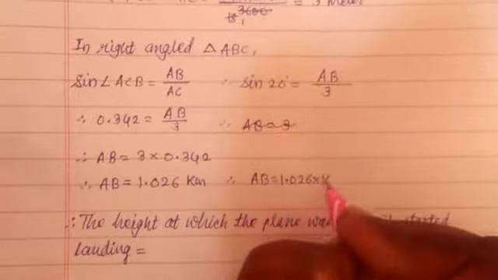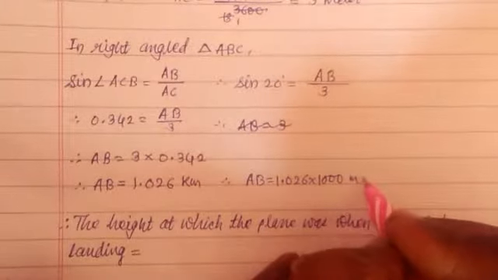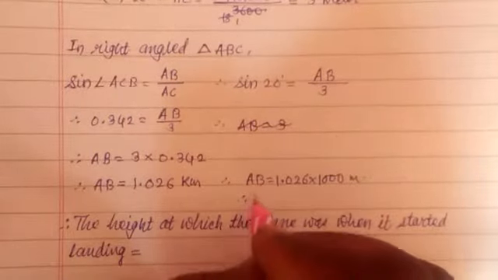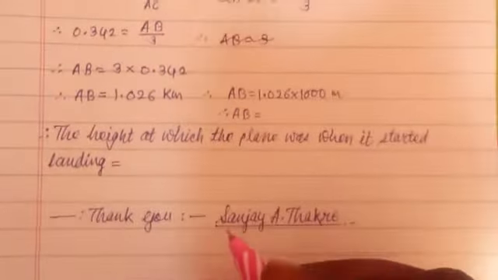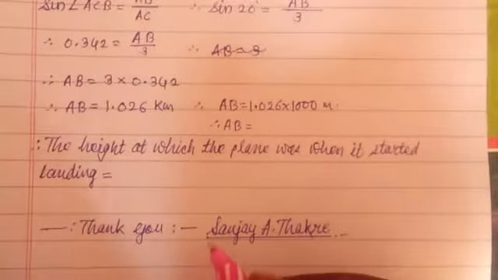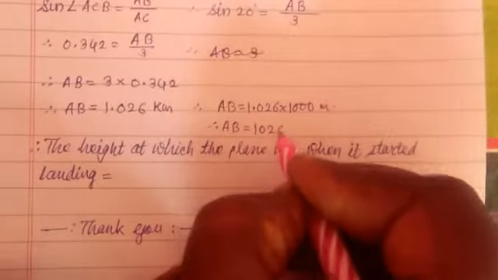This is kilometer, and hence AB is equal to 1.026 into 1000 meter, and hence AB is equal to 1026.